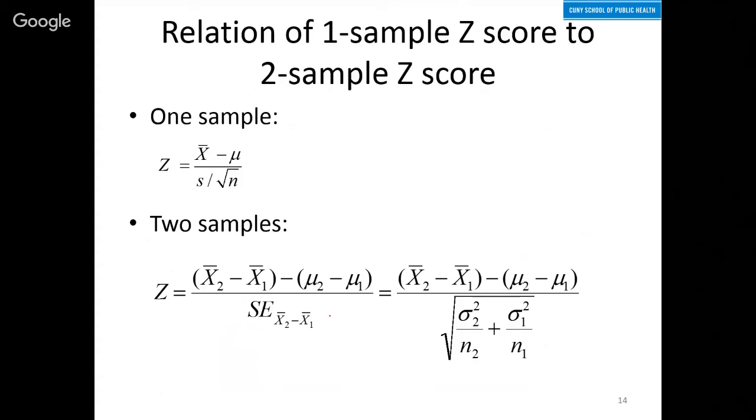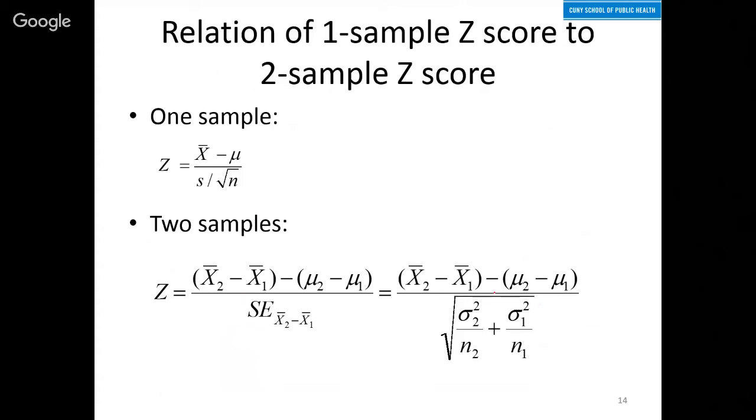But then we need this pooled standard deviation. And we can just calculate that as essentially a weighted average, calculating each variance divided by the sample size of that group, adding them up, and calculating a square root.